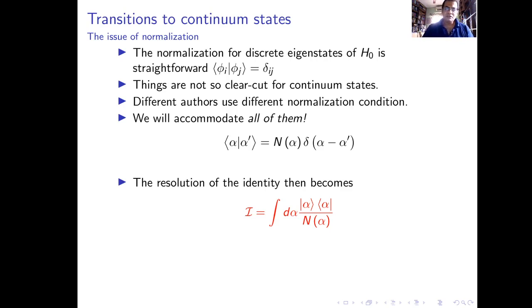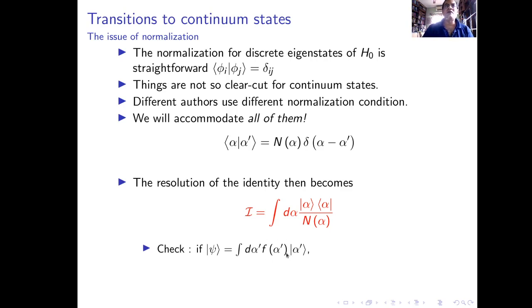Now just to verify that this really is the resolution of the identity, let me point out that if you start with an arbitrary state psi, you should be able to expand it in the eigenbasis provided by the alphas. So you can write that as an integral over d alpha prime of the ket alpha prime times some coefficients.